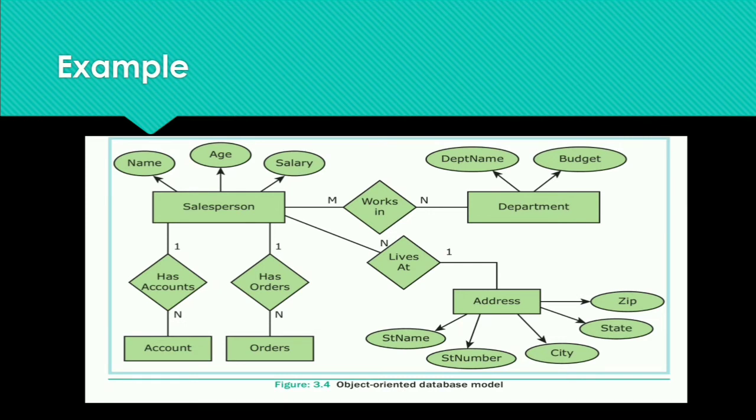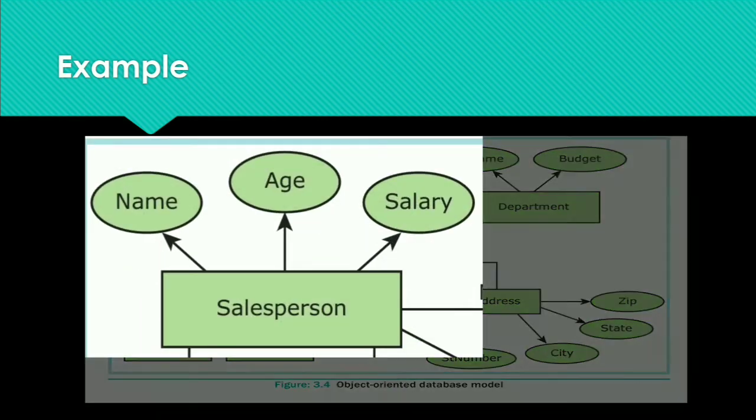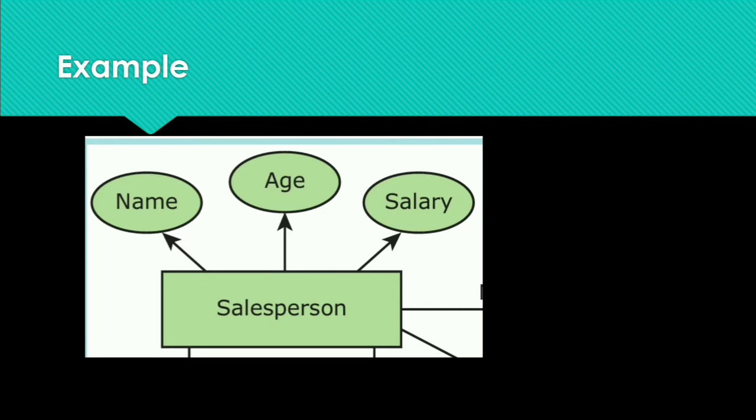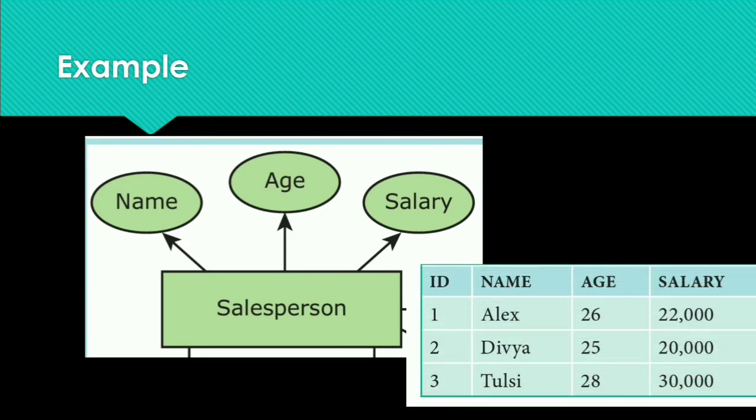In this model we are going to discuss only the first part of this picture, that is salesperson, name, age and salary. So what is salesperson? It is the name of the table. And what are name, age, salary? They are the attributes. Attributes means columns. So in a table format you can see ID, name, age, salary.